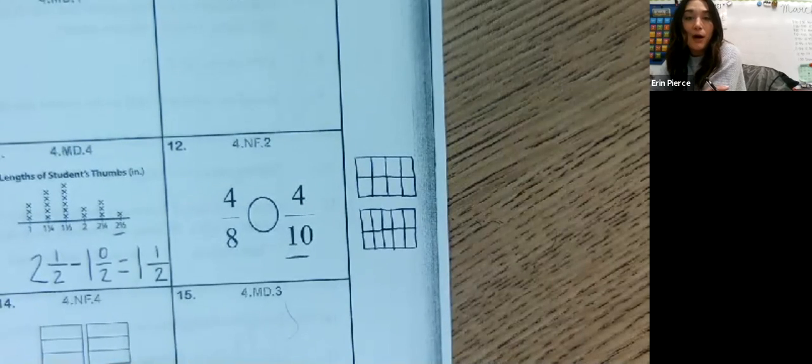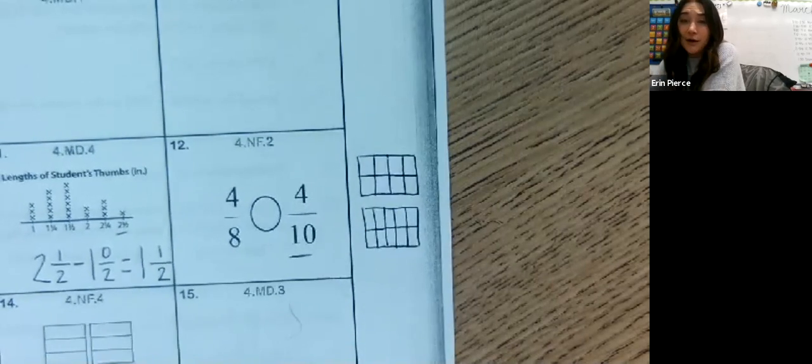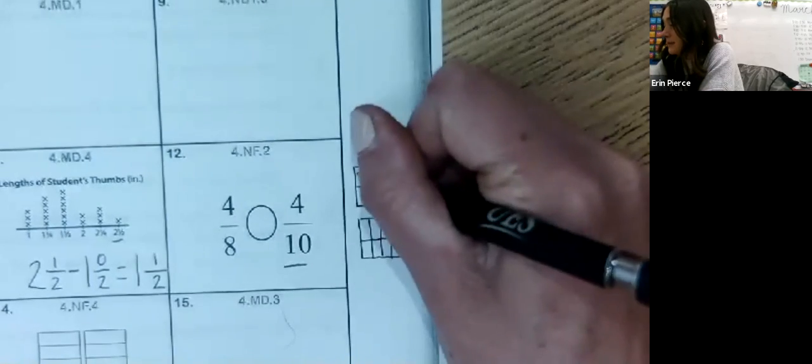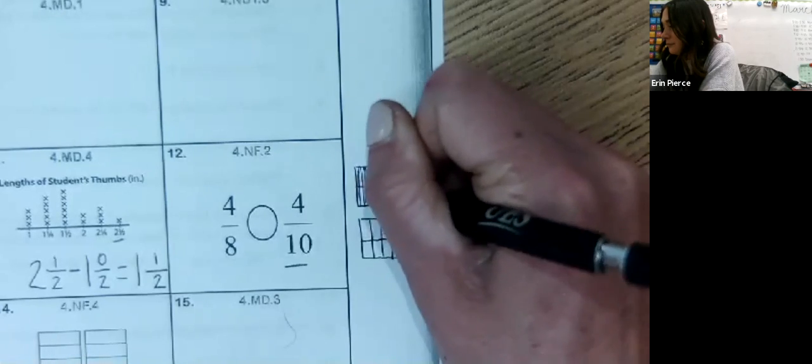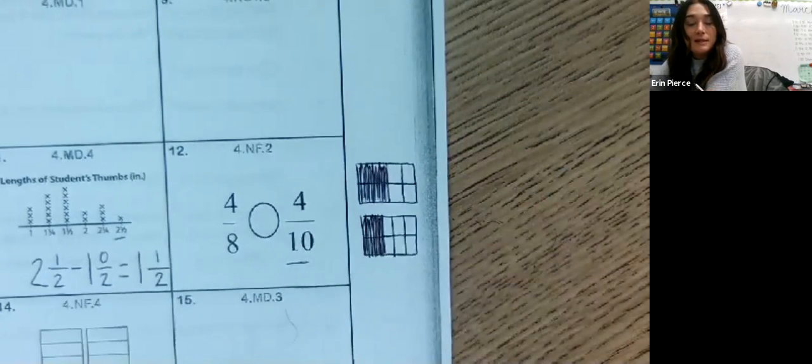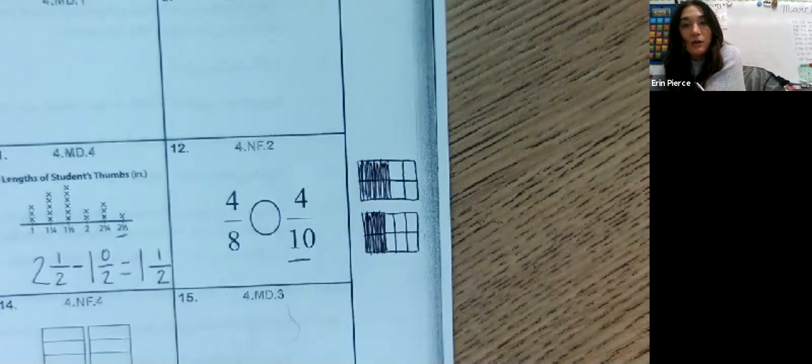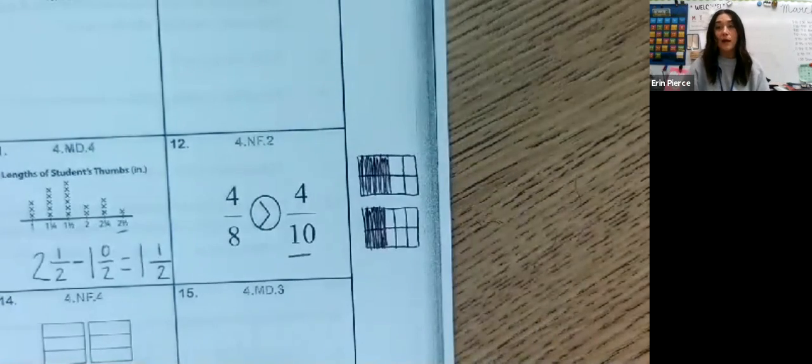Right away, I can see my 8ths blocks, even though they're only slightly bigger, are bigger than my 10ths. 4/8 is this amount, and 4/10 is this amount. We can see that 4/8 is larger than 4/10, so I'm going to do the greater than sign.